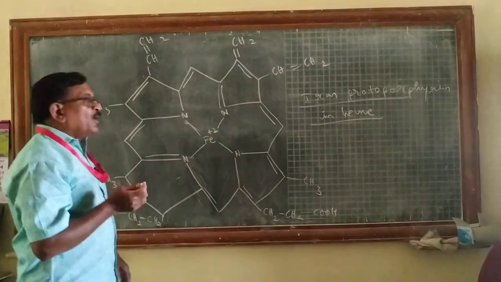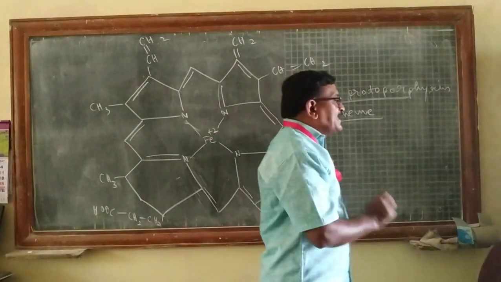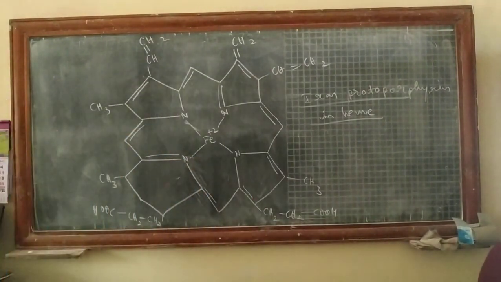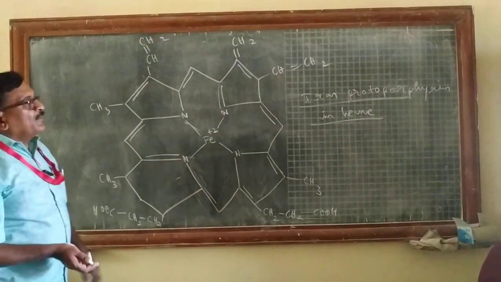Our body contains red blood cells, that is RBCs. These RBCs carry oxygen to different parts of the system by using hemoglobin and myoglobin.